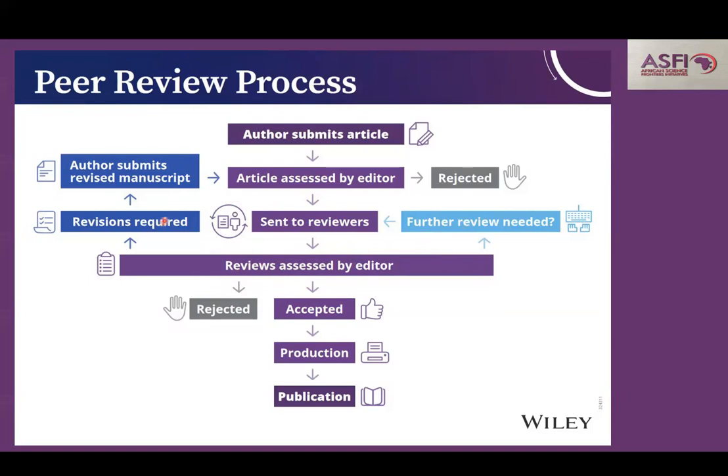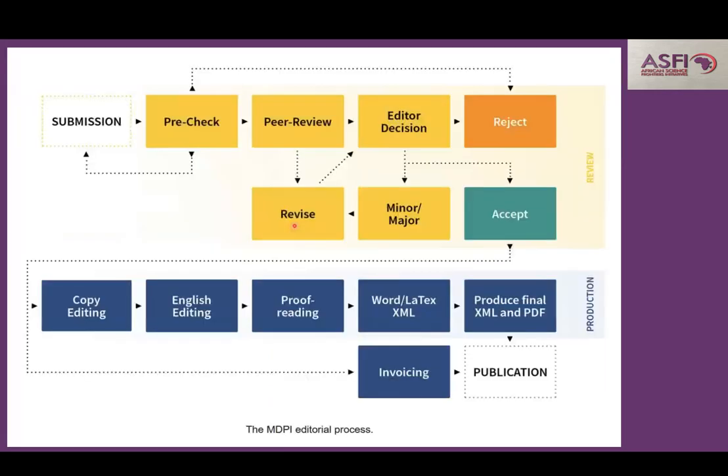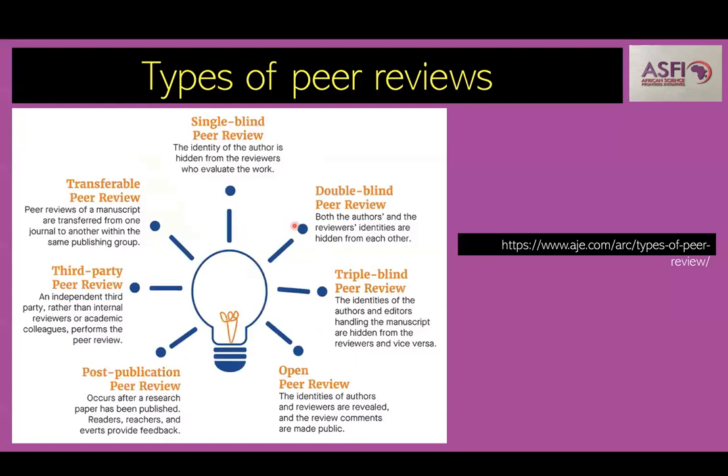All right. So this is where you work as a reviewer. Take the paper that has been submitted, sent to you from the editor, to review it. This is another framework of how this works. All right, types of peer reviews. You have single blind. All right.